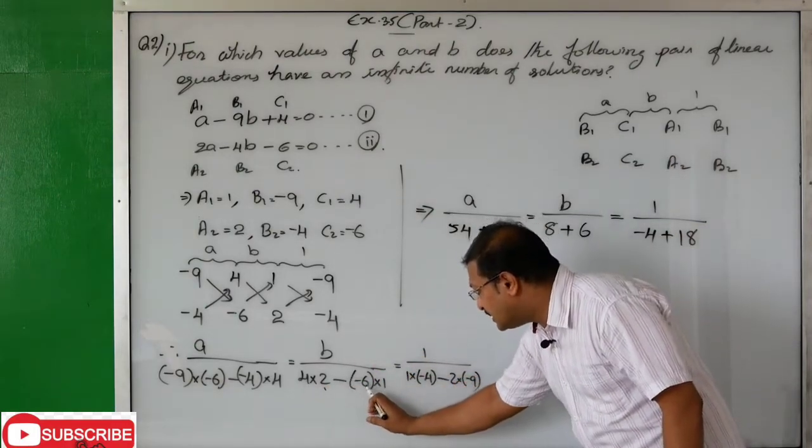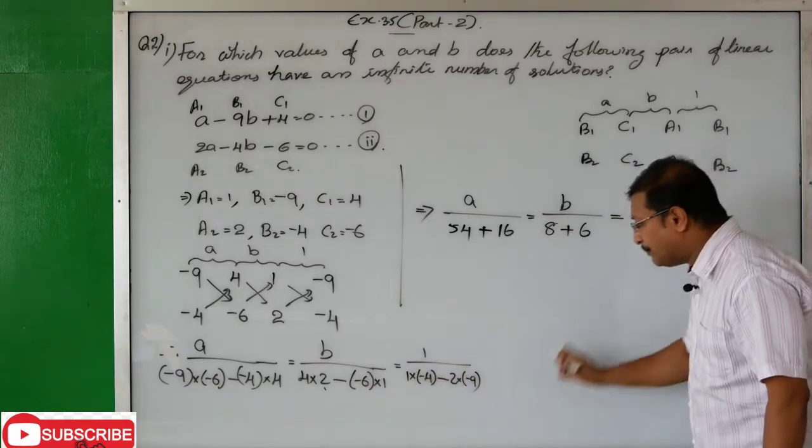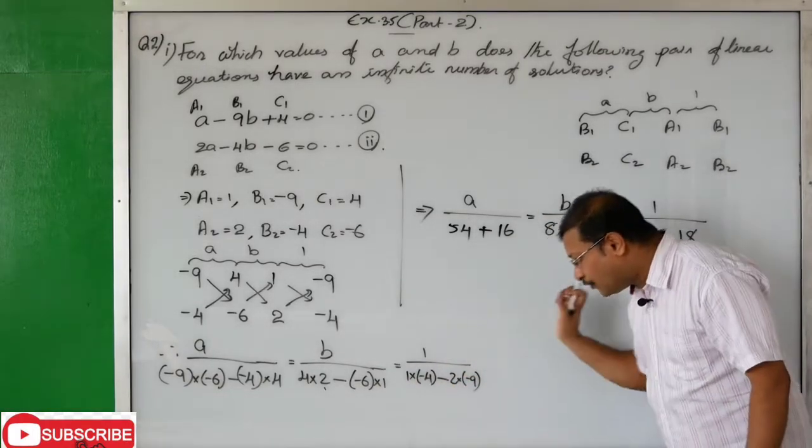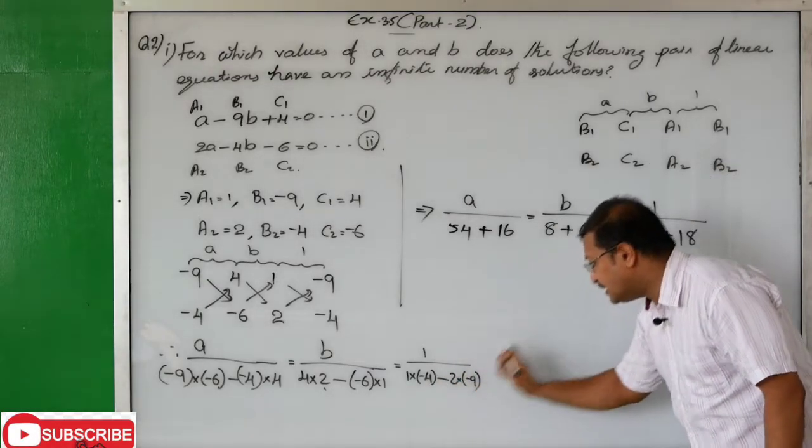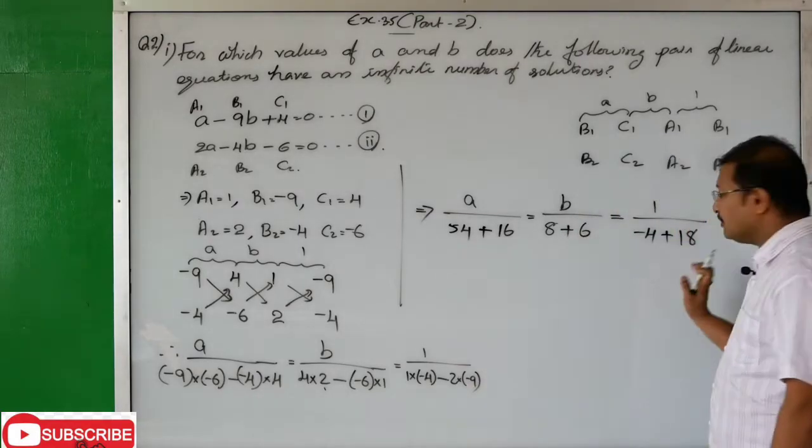Minus into minus is plus, 6 1s are 6, equals 1 by 4 into 1, that is 4, but of course minus is there, so minus 4 plus, because minus into minus is plus, 9 2s are 18.